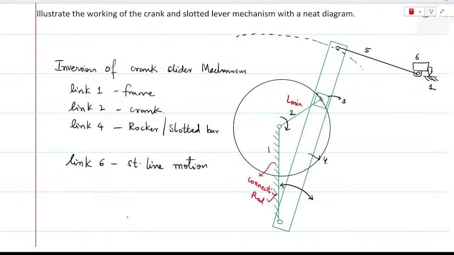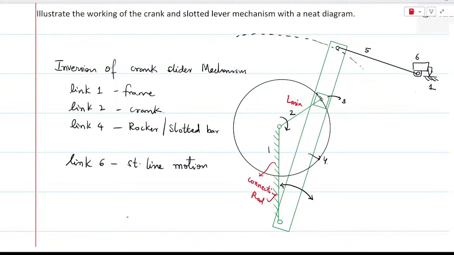So try to draw the sketches of these mechanisms, because it helps you a lot, and the students are prone to get confused, especially with Whitworth mechanism and crank slotted lever mechanism. In the Whitworth mechanism, you are finding two circles with two different centers, and the circles have two different radii.